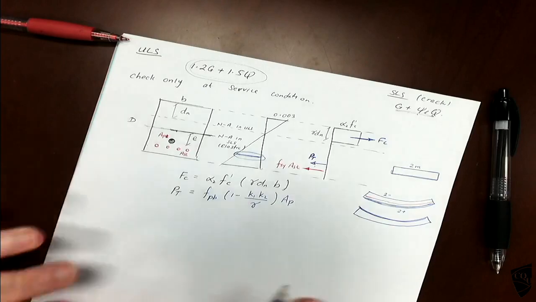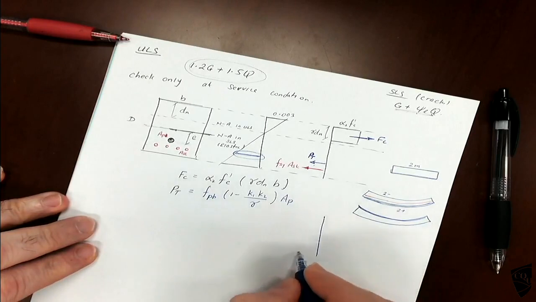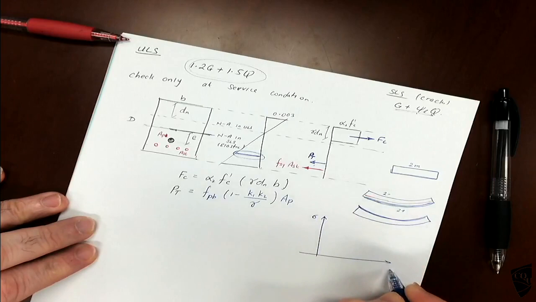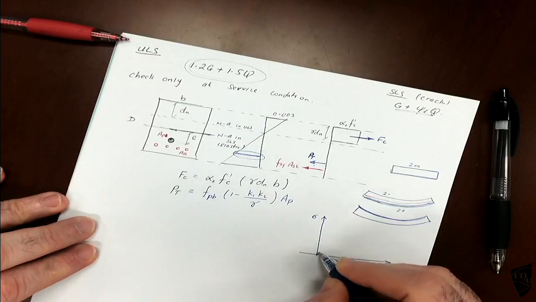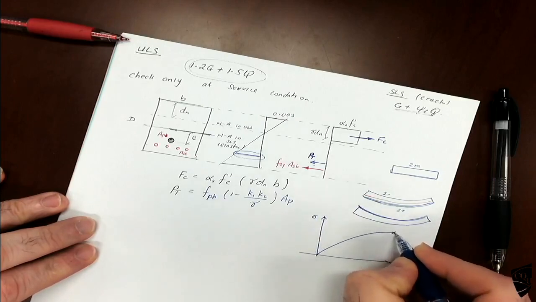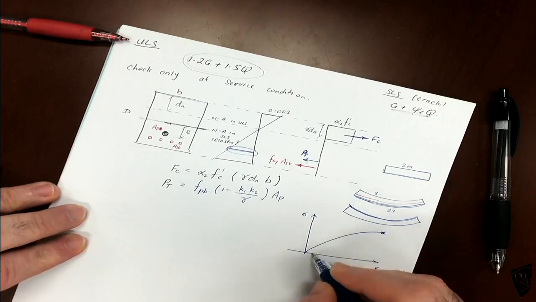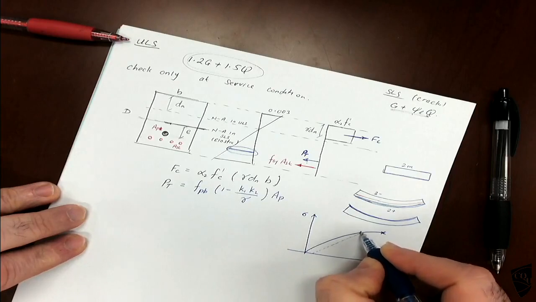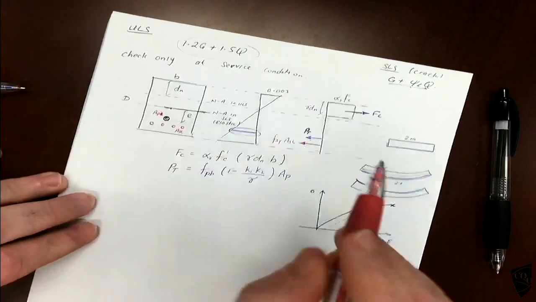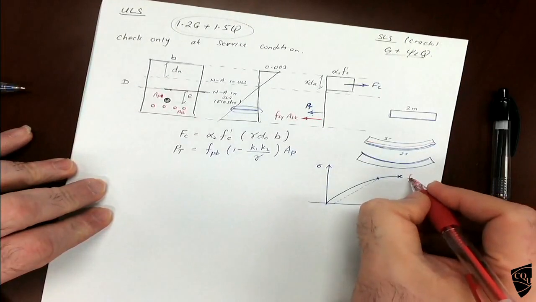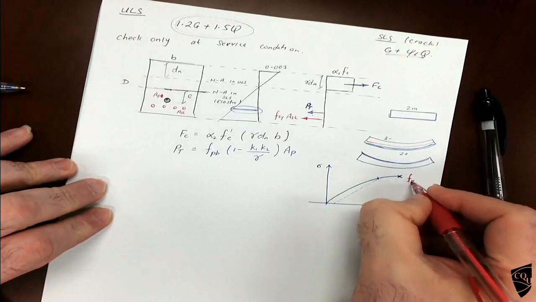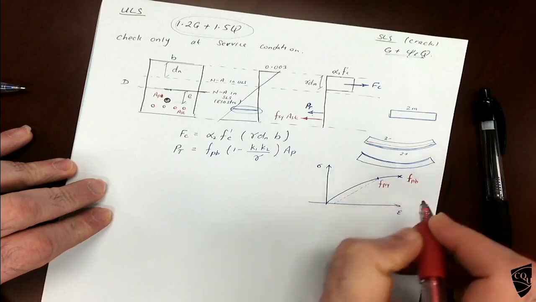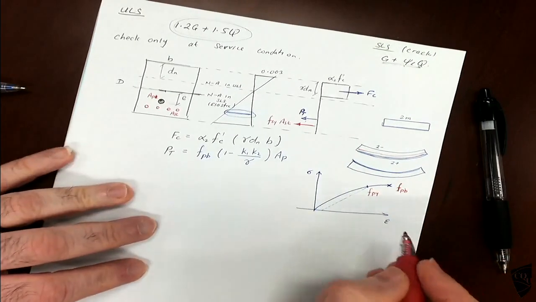So if you look at the stress-strain relationship, this is the yielding point and this is the breaking point.